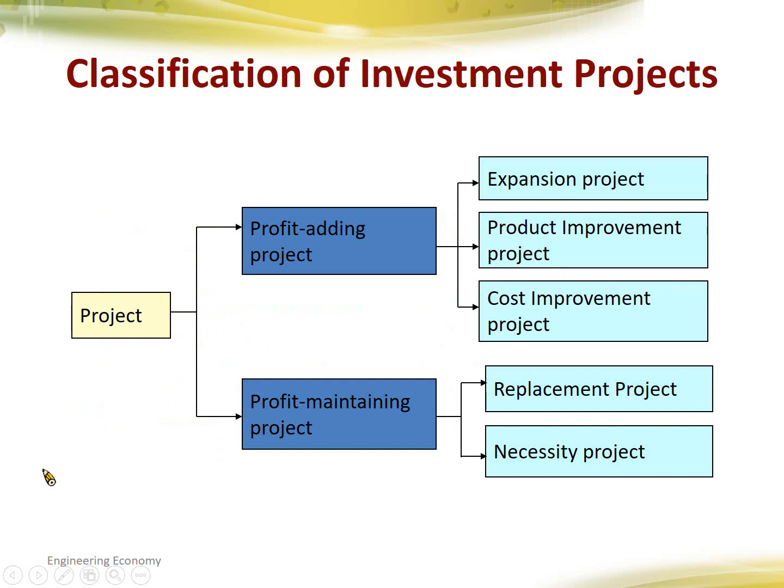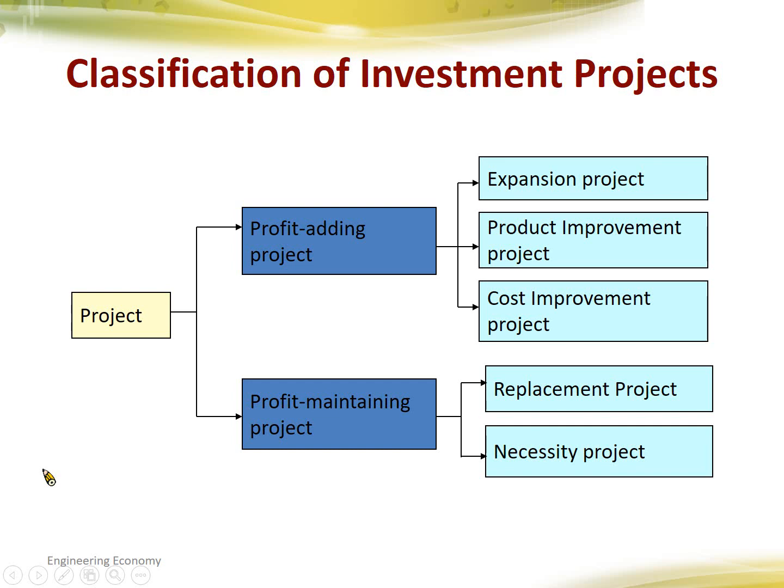For example, we expand the current system so that we have additional capacity. We improve the product so that it can generate higher profit. Or we find ways to reduce cost, a cost cutting or cost improvement project. All these projects will help us generate higher profits.